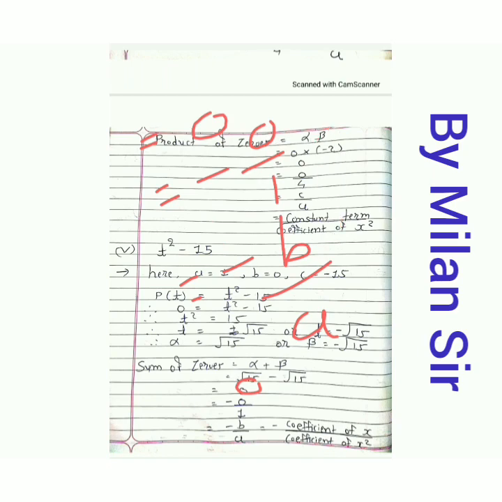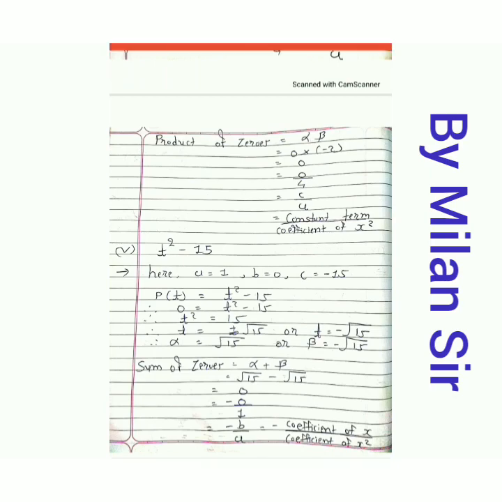So in this way you can get minus b by a. Then b is the coefficient of t and a is the coefficient of t square. Here my mistake is there, in place of x we need to write t and t square, not x, because in this polynomial the variable is t.